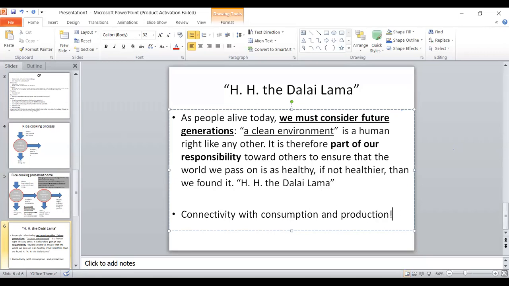Mainly consumption. See, vehicle emissions. Driving a vehicle is one way of consumption. So using a vehicle creates emissions. We are not asking you and me not to use vehicles, but there should be some responsible usage.